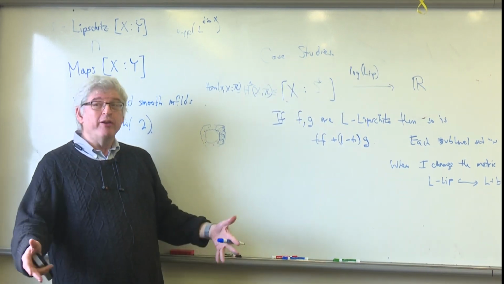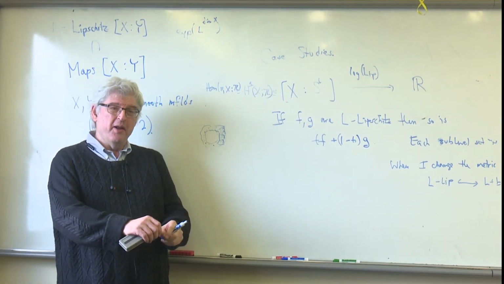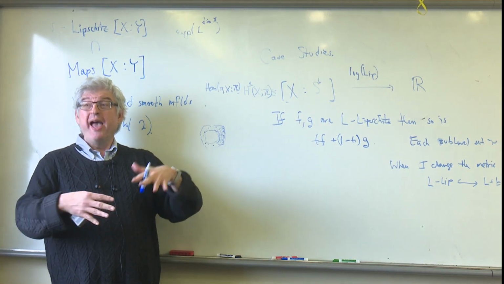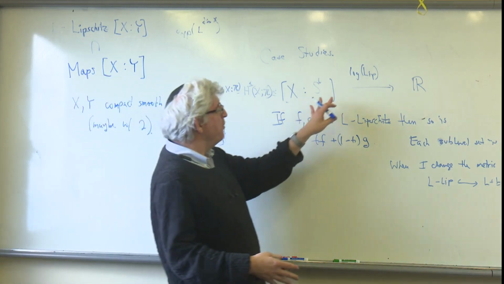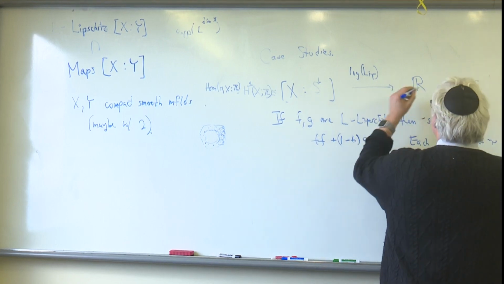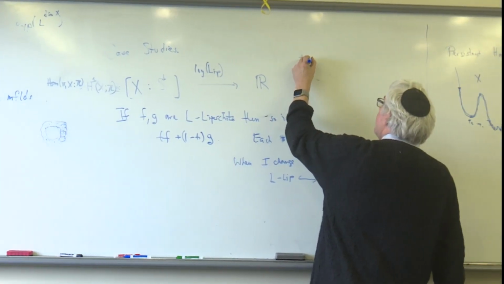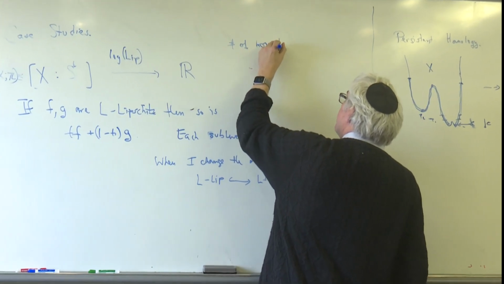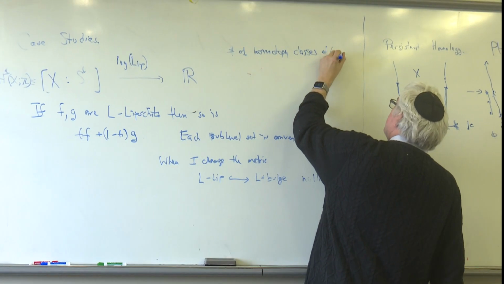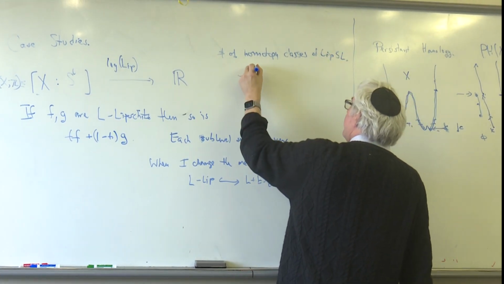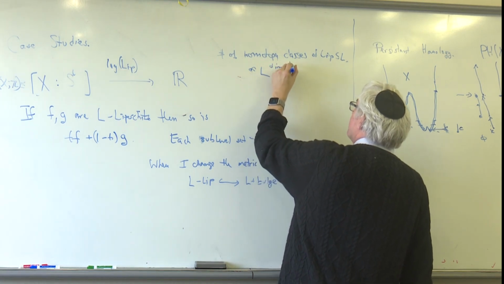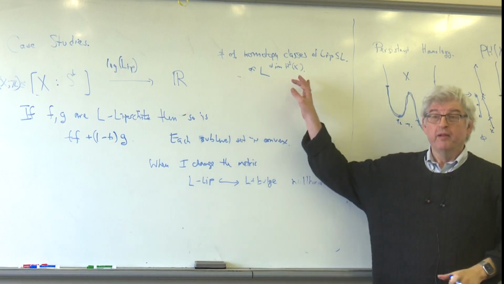Okay? And if you have Lipschitz constant L, then you're going to be within a ball of size around L, in that Z to the N. Okay, so we know that, so to speak, the number of homotopy classes of Lipschitz constant less than or equal to L is around L to the dimension of the first cohomology of X. Okay?